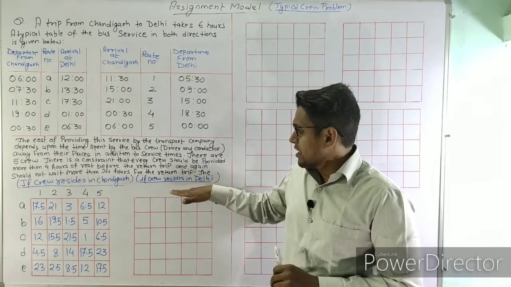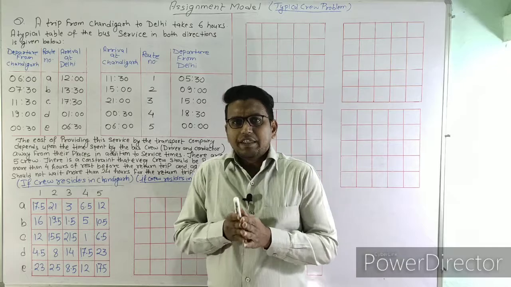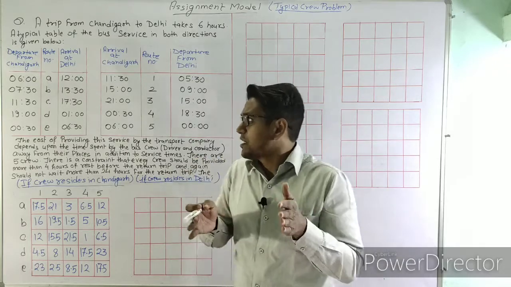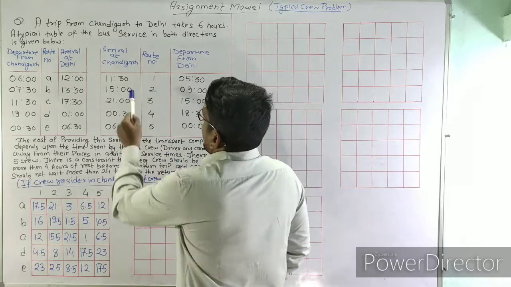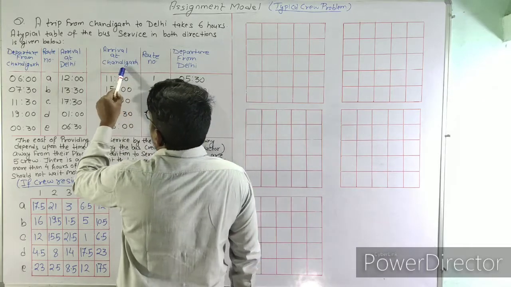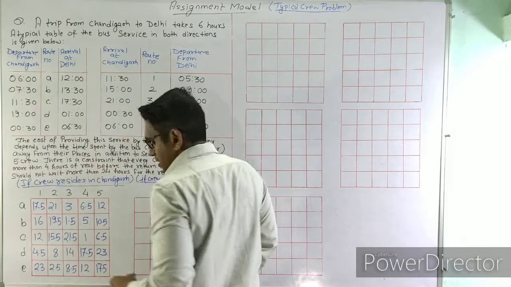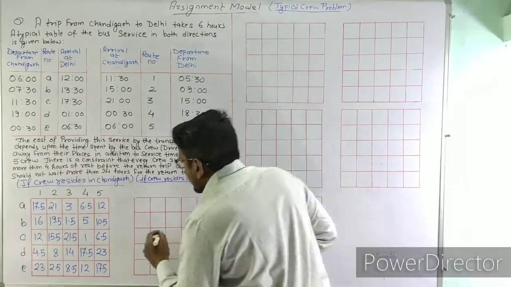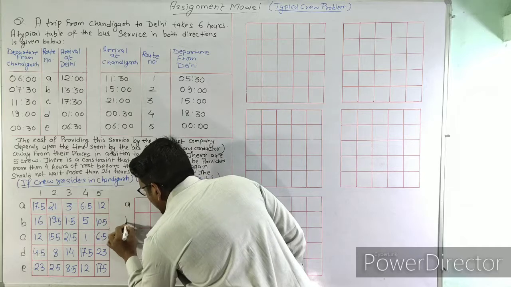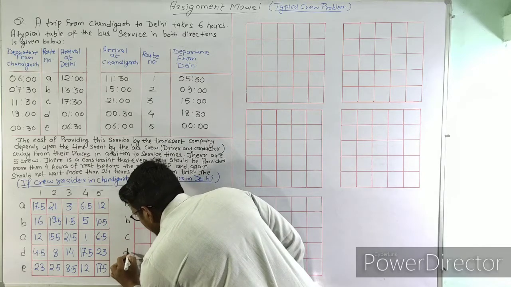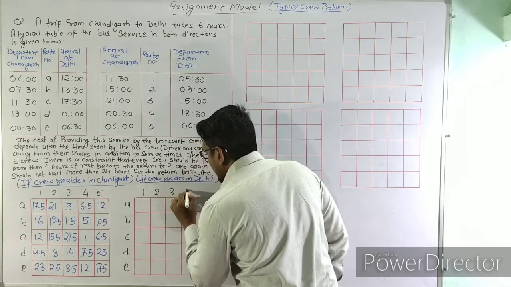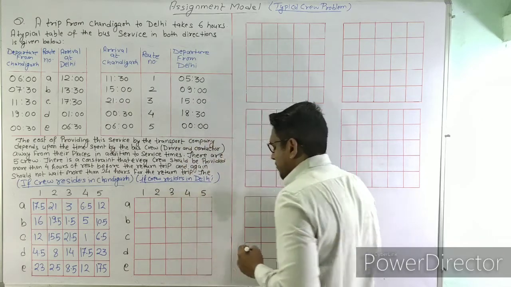So for this, we need to calculate the arrival time of Chandigarh to the departure time of Chandigarh. So we need the difference of arrival at Chandigarh and departure from Chandigarh. So let us again create a new matrix. These are route A, B, C, D and E. These are 1, 2, 3, 4 and 5.